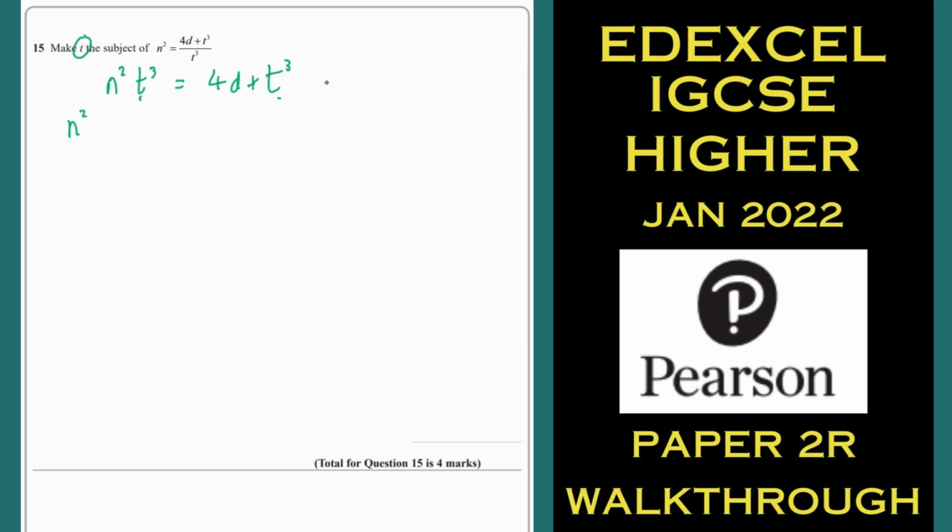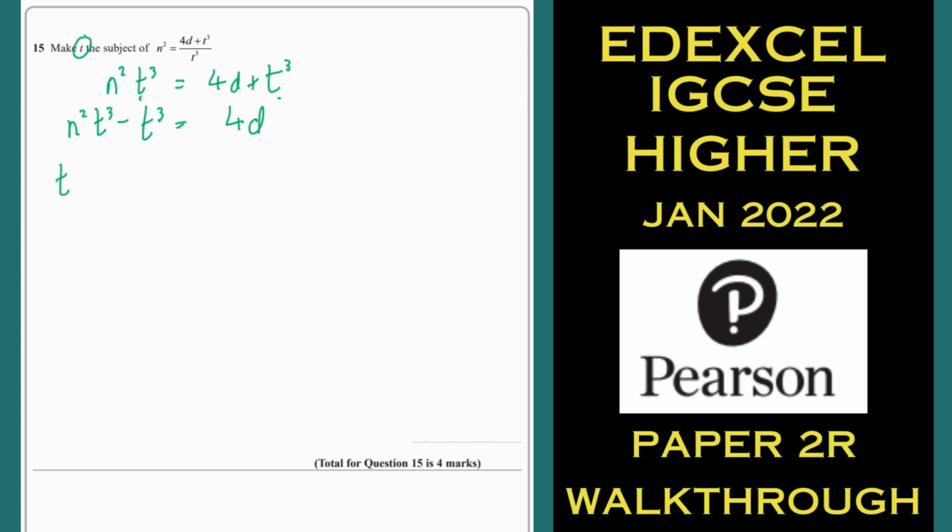I'm going to subtract t cubed from both sides. Now, if you chose to get them on the right-hand side, it simply means your answer will look like mine, but all the pluses and minuses will be swapped to the other one. Mark scheme allows both, so don't panic.